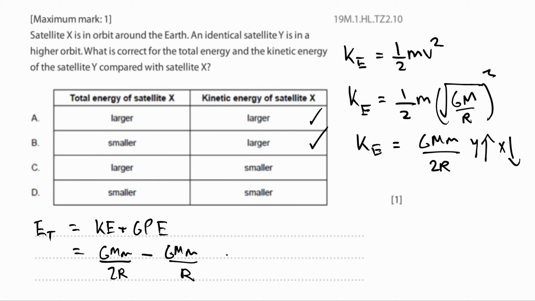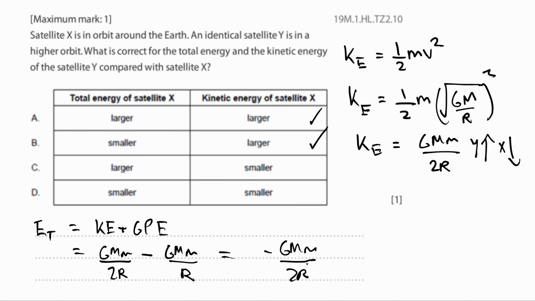Now getting a common denominator, I'm going to skip this step, but you will get the final answer as negative GMm over 2r, with the difference between this and kinetic energy being the negative sign.